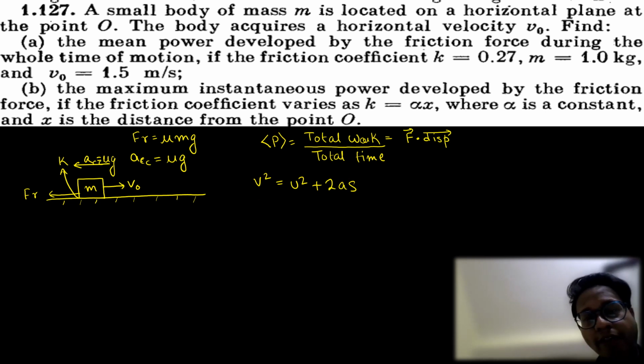So what is the final velocity? The final velocity is 0. See, the block started with initial velocity v naught, and after some time it came to a stop. The friction force will stop the block, no? So the final velocity is 0 and the initial velocity is v naught. Acceleration is minus mu g. Why minus mu g?